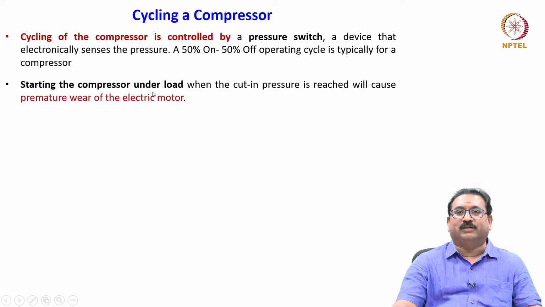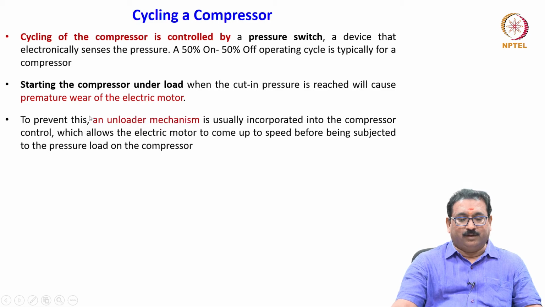Starting the compressor under load when the cut-in pressure is reached will cause premature wear of the electric motor. To prevent this, an unloader mechanism is usually incorporated into the compressor control, which allows the electric motor to come up to speed before being subjected to the pressure load on the compressor.